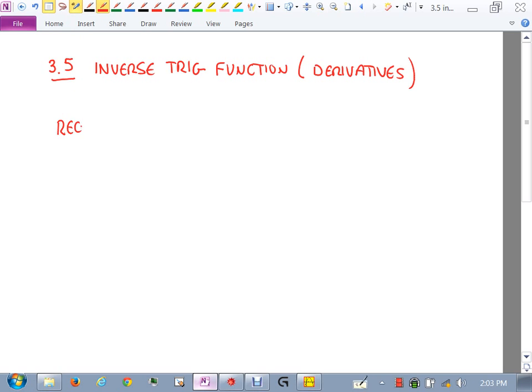Recall that if y is equal to sine of x, and we restrict x between negative pi over 2 and pi over 2. So we take a traditional sine curve that oscillates in each direction forever, and we cut off just everything except one little piece of it.